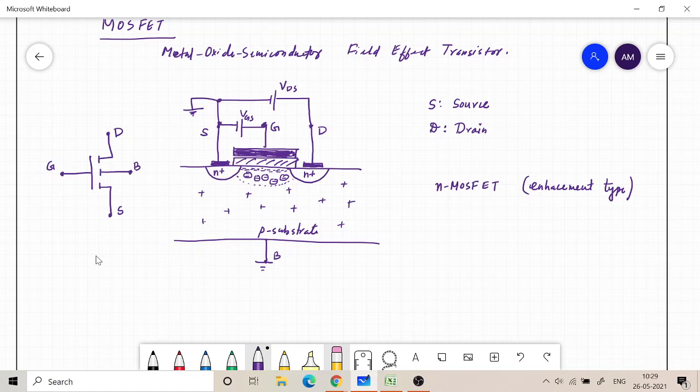So these are the four terminals, and you can put your arrow on the bulk. If you are putting your arrow on the bulk, then for NMOS you put your arrow like this. Okay, for PMOS you put the arrow in the opposite direction on the bulk. Okay, that means outward. So this is NMOS symbol.